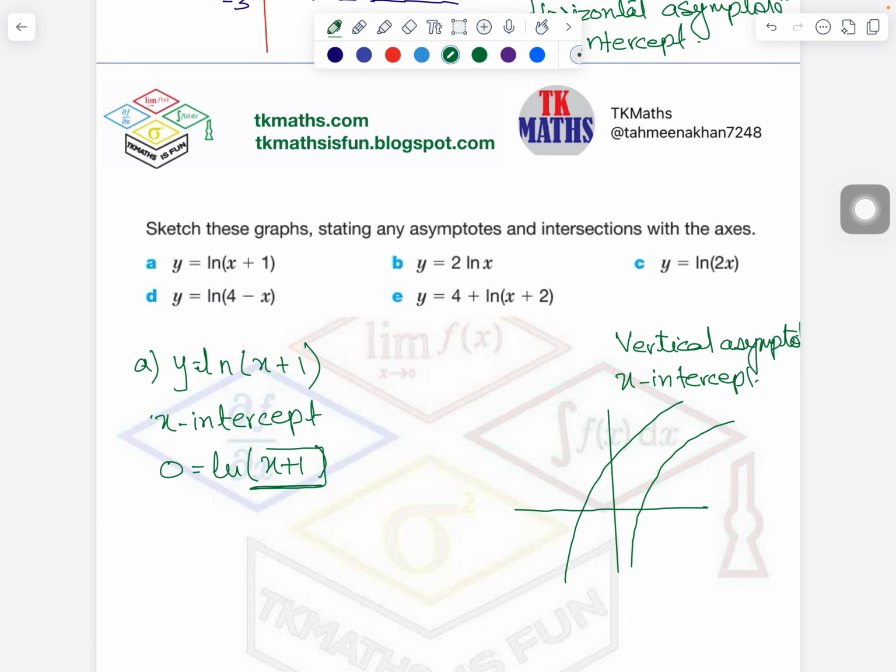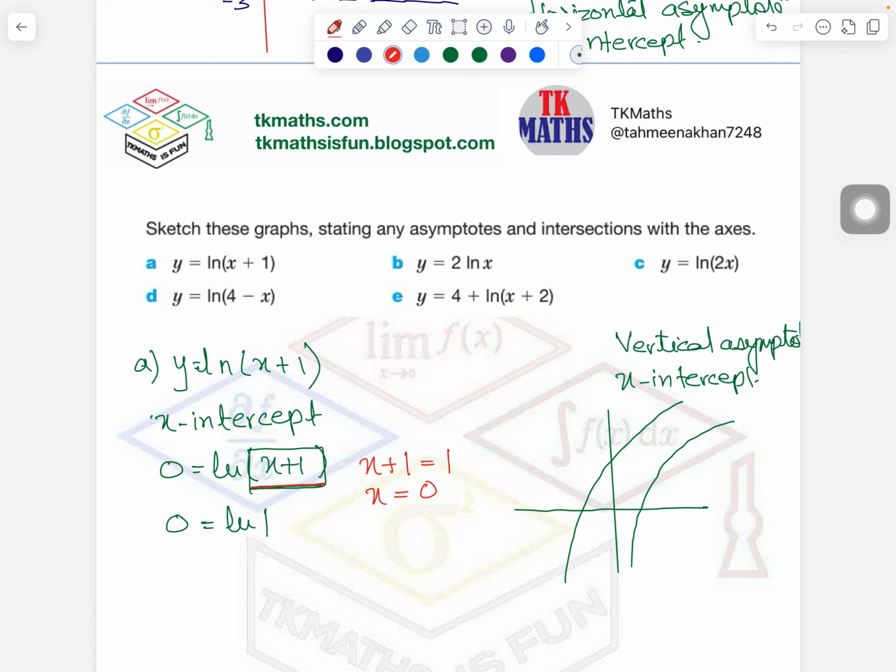This whole thing should be 1 because ln 1 is 0. So if I have here ln 1, then I can get y equals 0. So whatever function you have here, the linear function, you will put it equal to 1, right? And then get the value of x from here.